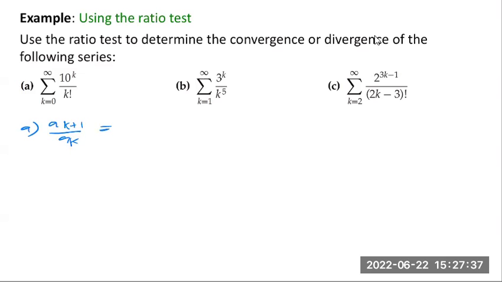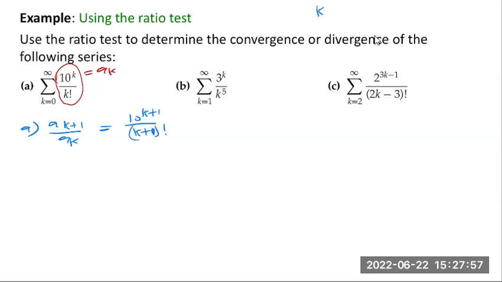First, let's find this quantity, a_(k+1). What is a_(k+1)? This is your a_k, by the way. Then what is a_(k+1)? You plug in k plus 1 there, right? 10 to the power k plus 1 divided by (k plus 1) factorial.